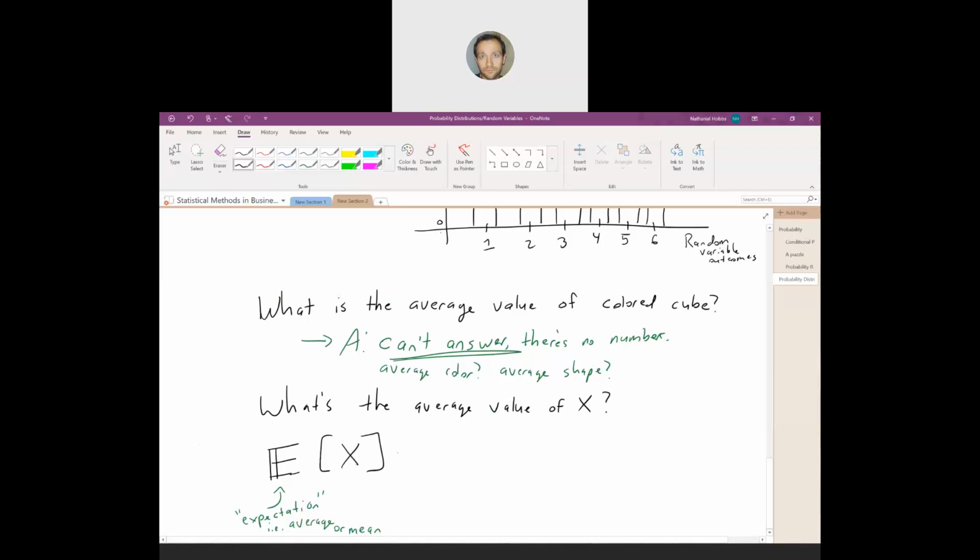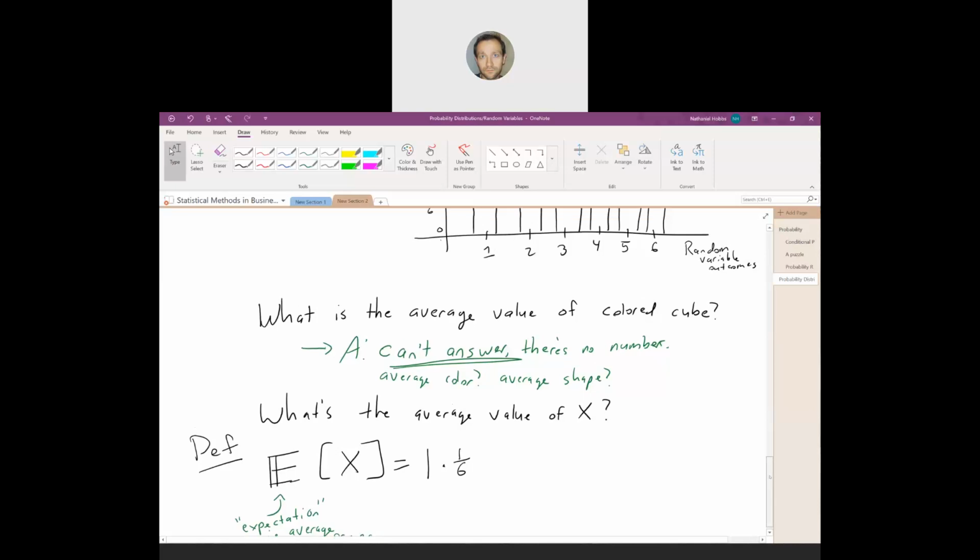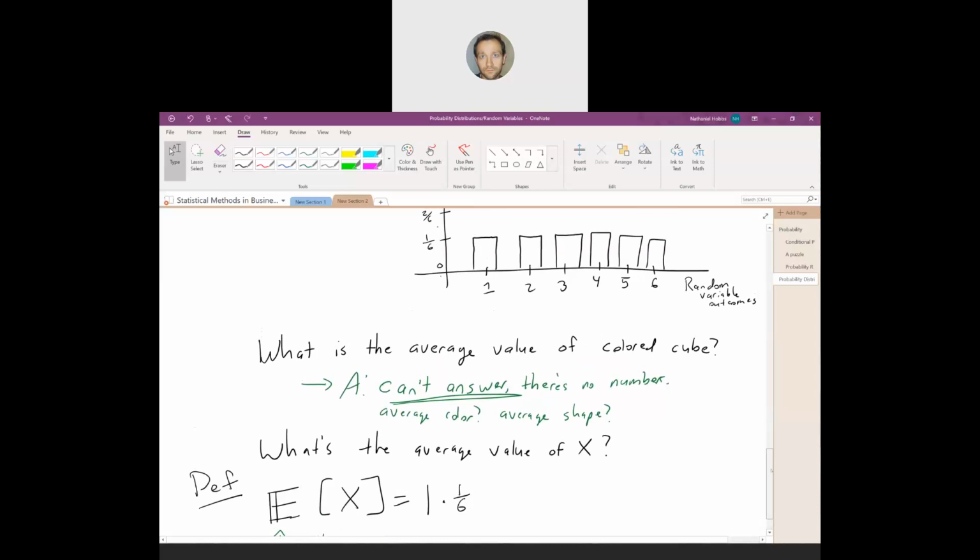The expected value of x, this is a definition, is defined as being 1, and 1 can happen with probability 1/6. So the way I'm calculating this is for this outcome, it has a probability of 1/6 happening.